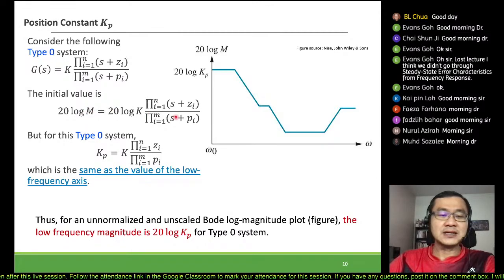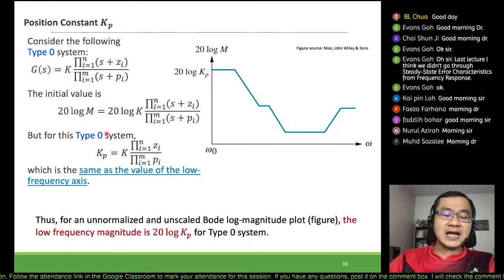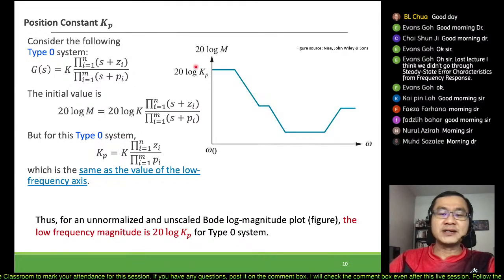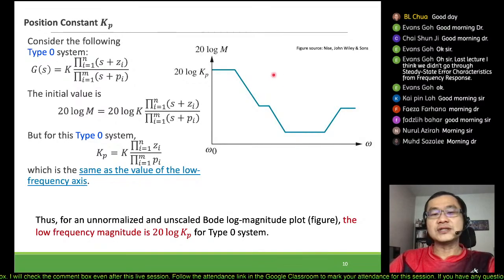So for this type 0, the kp would be your very beginning value, which is the same value at the low frequency axis.